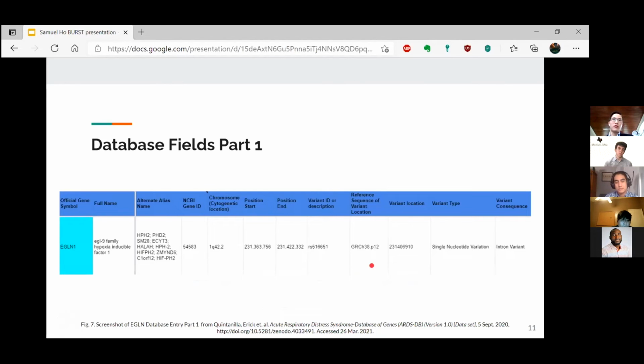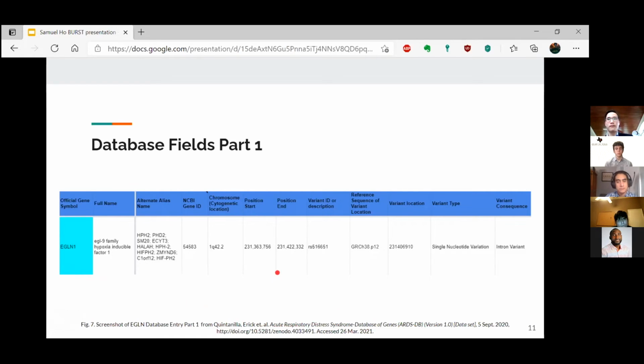So now zooming out, here is an image of the first part of the entire database entry for the gene EGLN1. As mentioned earlier, we could obtain the official gene symbol, full name, alias name, gene ID, the cytogenetic location, and the position start and end from the Genome Data Viewer process.